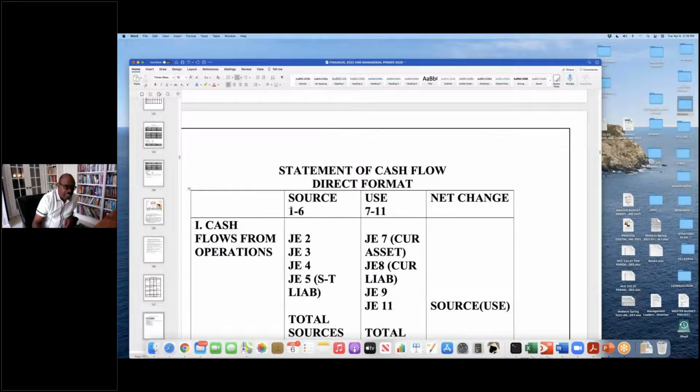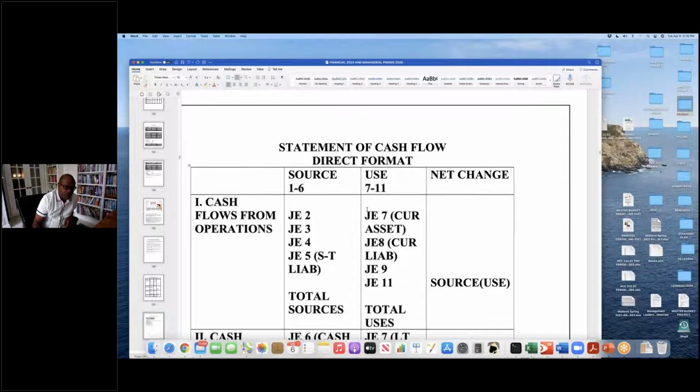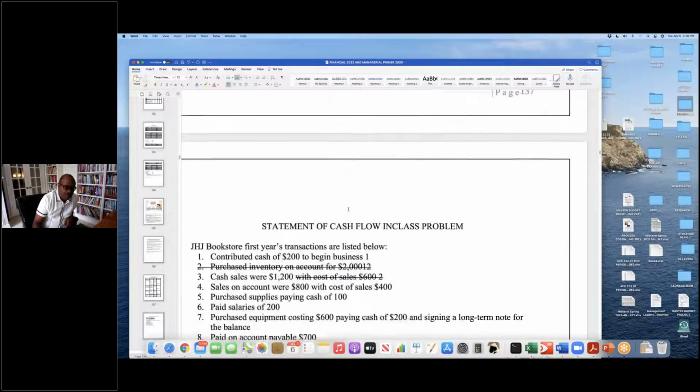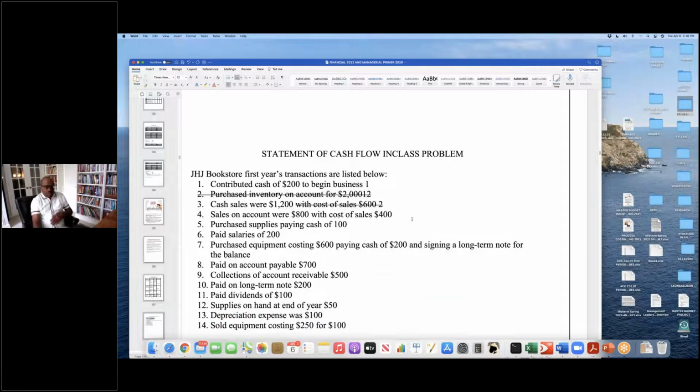We're striking anything that's not 1 through 6 or 7 through 11. Oh, okay. So what type is it, 15? Yes. So we're going to strike it.